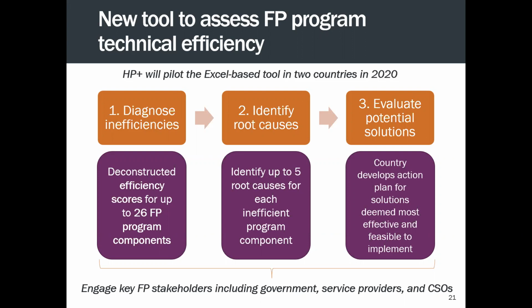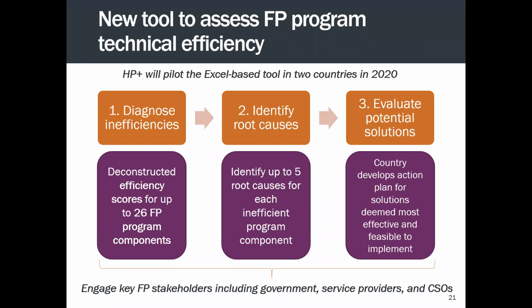So this takes a different approach than coming up with a composite score. And then the second step is identifying the root causes of specific inefficiencies. And the third step is evaluating potential solutions to inefficiencies using some specific criteria that we've specified in the tool.